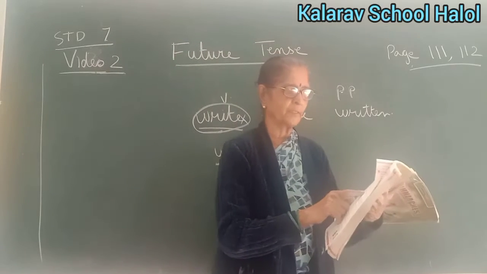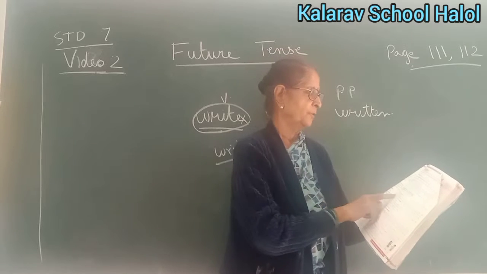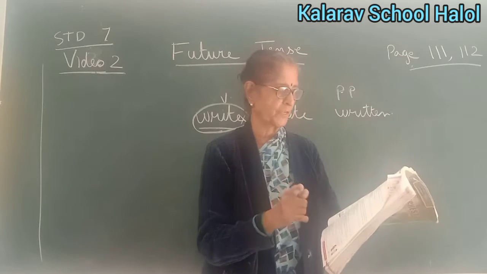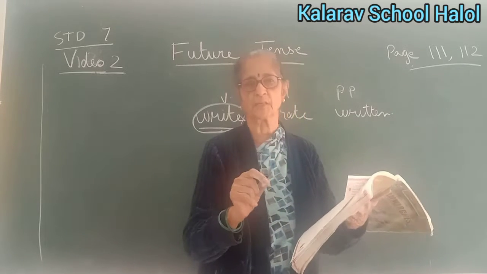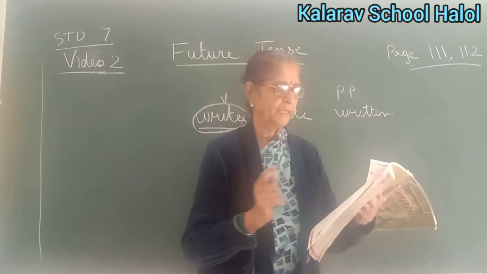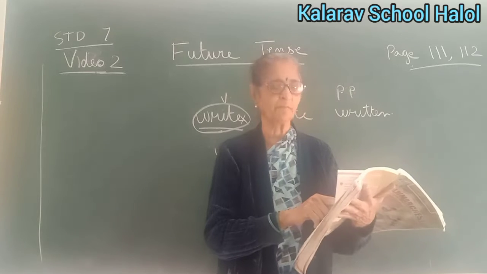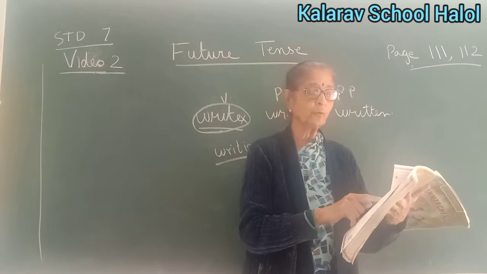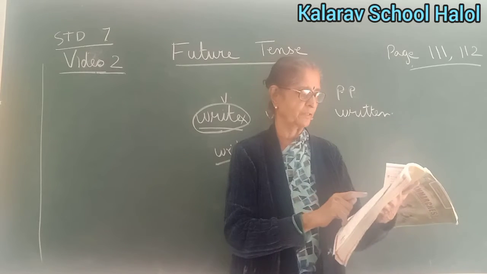Use of future perfect continuous tense. It is used to denote a continuous action with reference to something in future. It expresses an action that will begin at a particular time in future, will continue up to that moment and will be in progress at that moment.